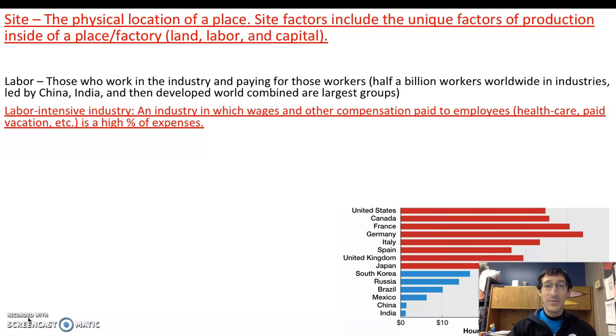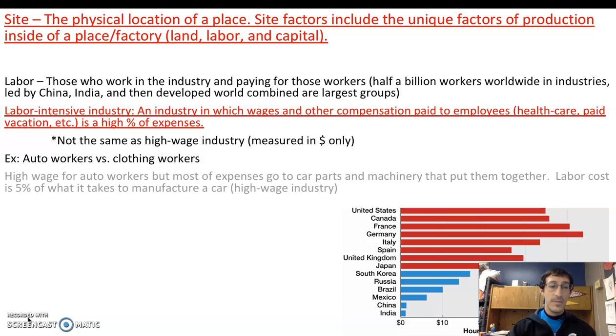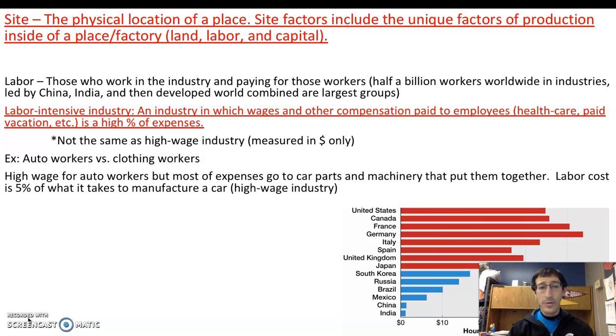Now that's very different from what we consider to be a high wage industry. Those are not the same, because a high wage industry is measured in money. An example here is auto workers versus clothing workers. Auto workers are a high wage industry relatively compared to clothing workers, or textile workers, same thing, just different words.